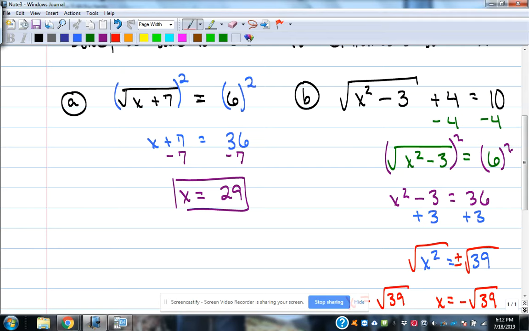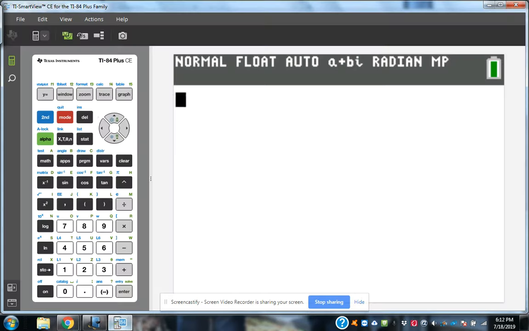So I'm going to use the calculator to help me do that. So I know I'm taking the square root of parentheses, the square root of 39, squared.